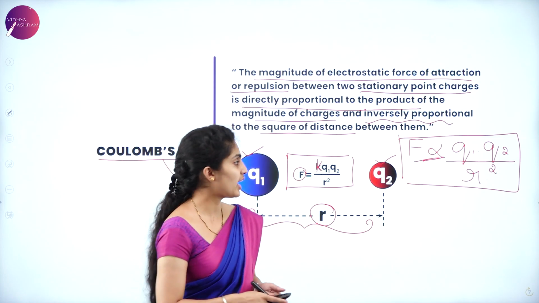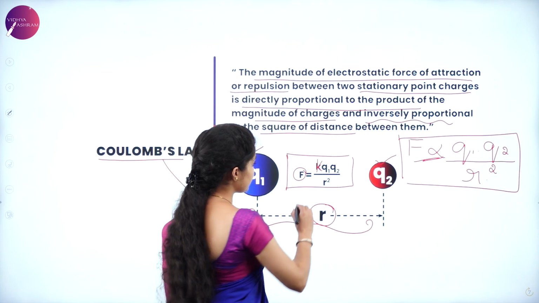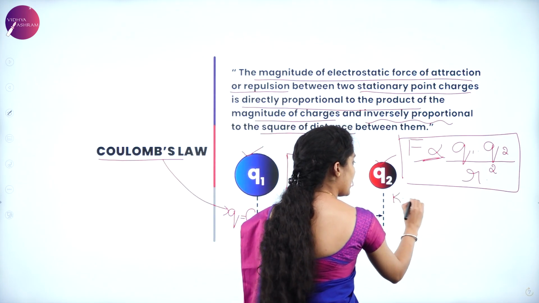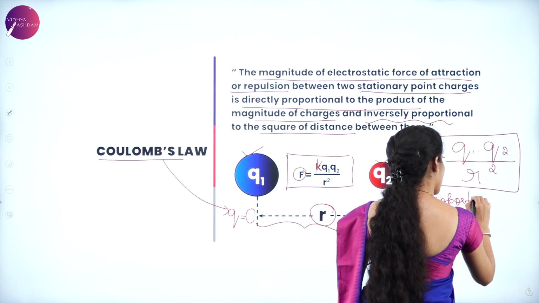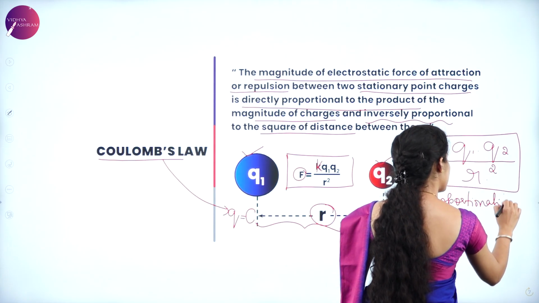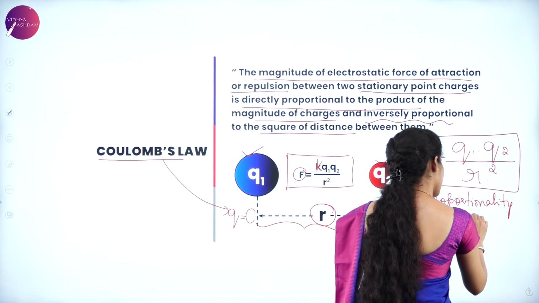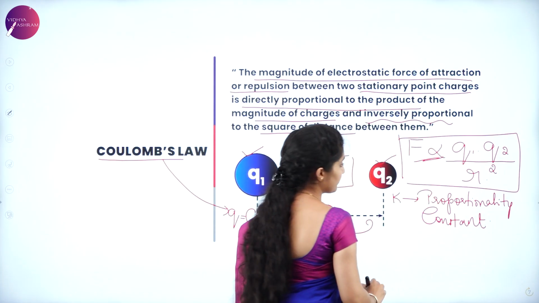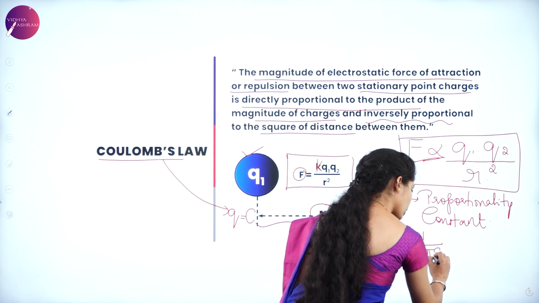If they ask, you will have to give this equation, and you know that K is known as the proportionality constant, whose value is K equal to 1 by 4 pi epsilon naught.